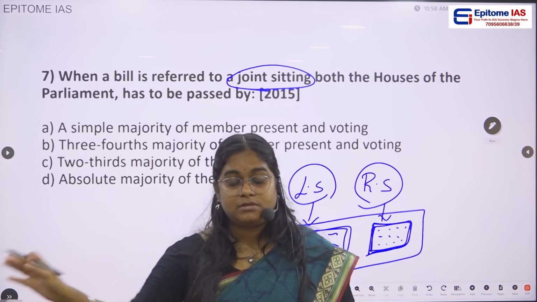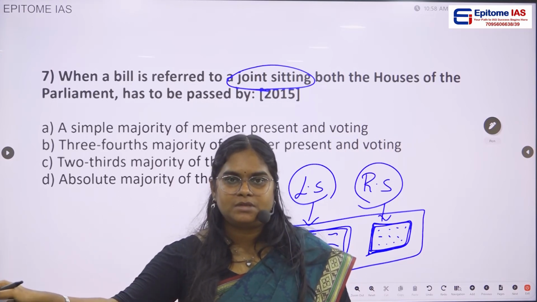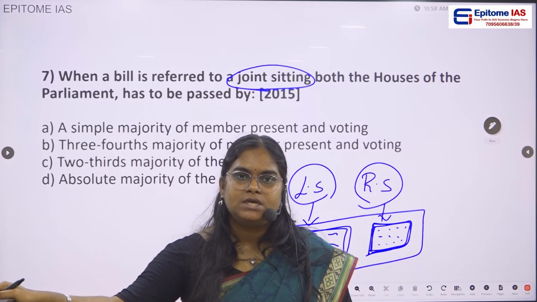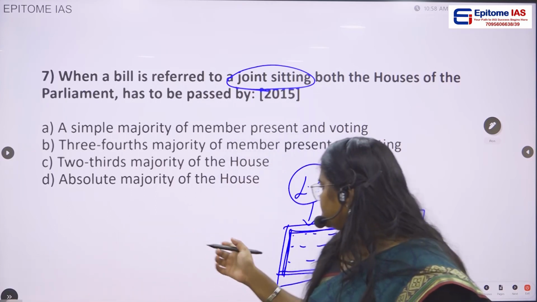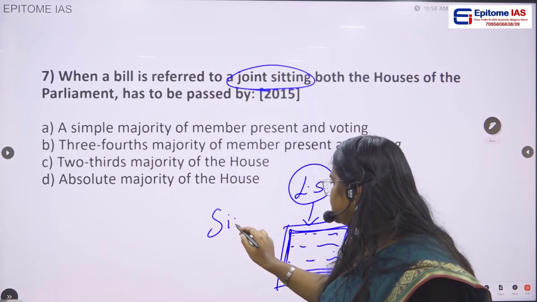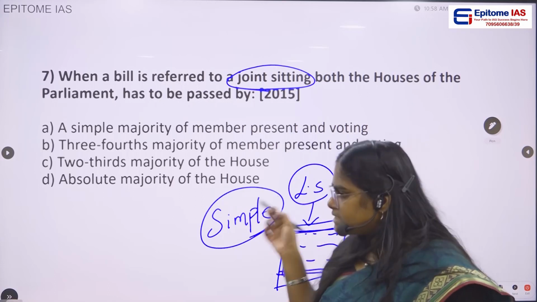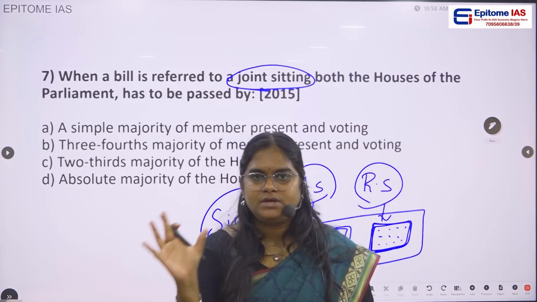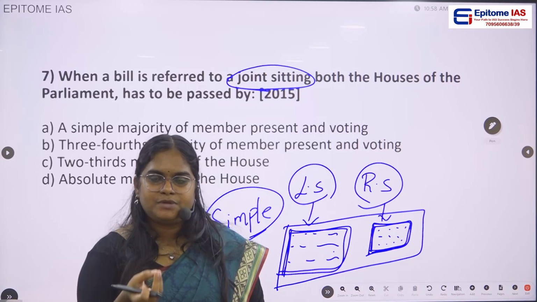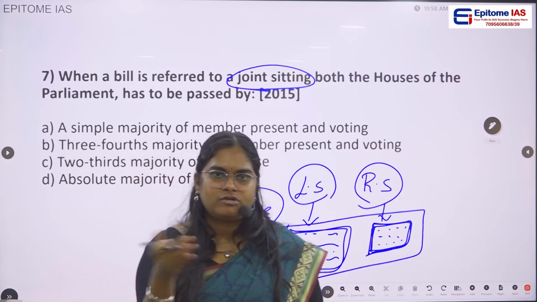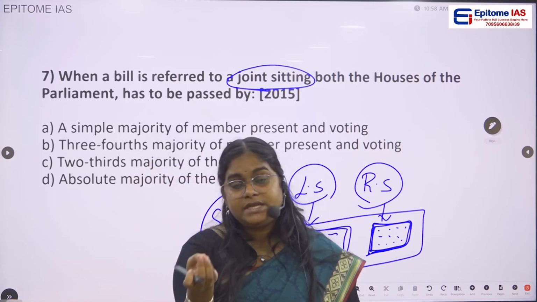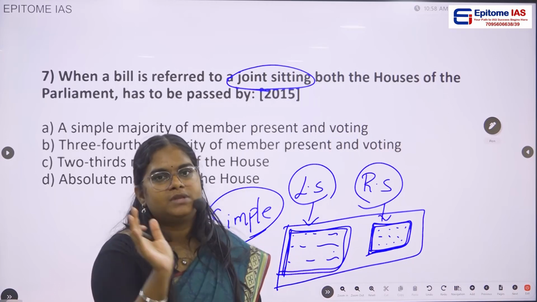So what majority is needed? Only a simple majority is needed. Just like for the passage of any bill, they need a simple majority in most cases, not all cases.